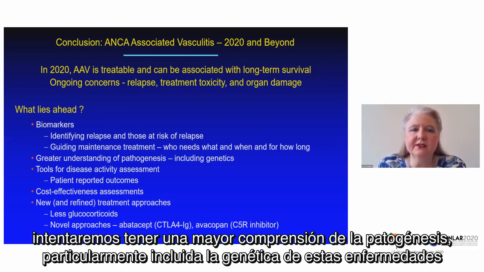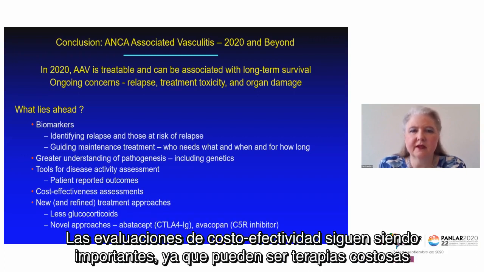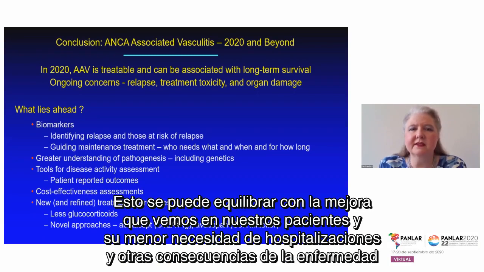We will seek to gain a greater understanding of pathogenesis, particularly including the genetics of these diseases. We are seeking tools for disease activity assessment, and particularly understanding patient-reported outcomes and patient perceptions regarding their disease. Cost-effectiveness assessments will continue to be important, as while these can be expensive therapies, this can be balanced by the improvement that we see in our patients and their lessening need for hospitalizations and other consequences of disease.